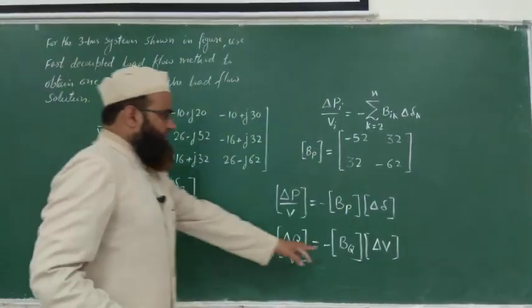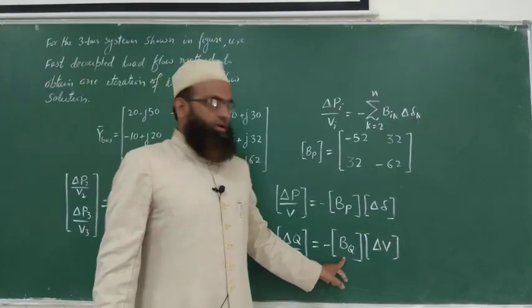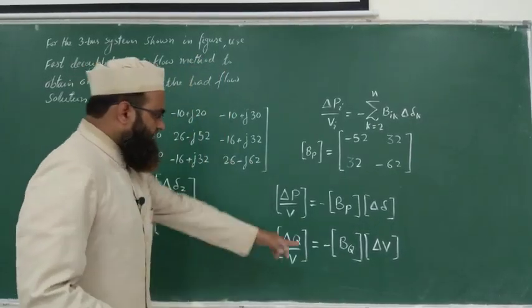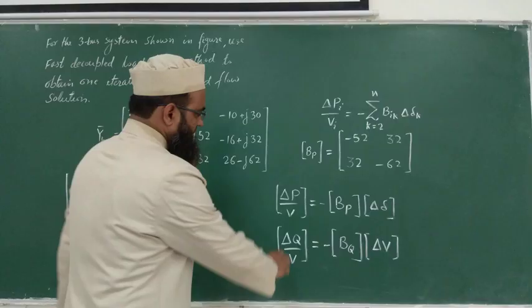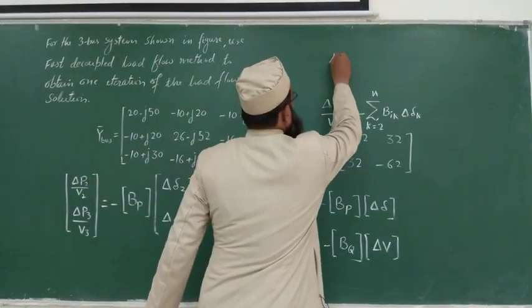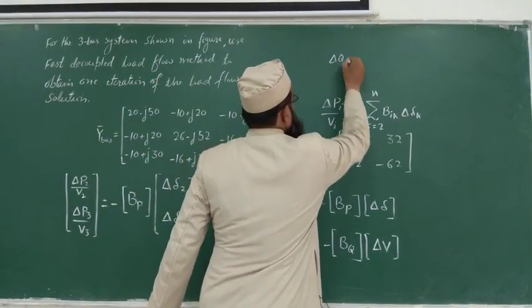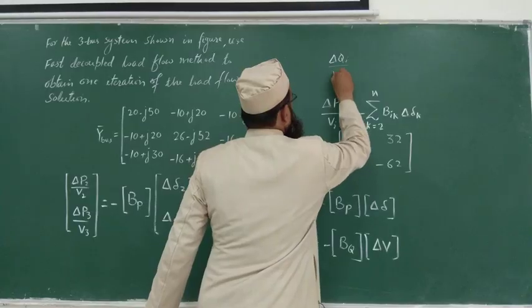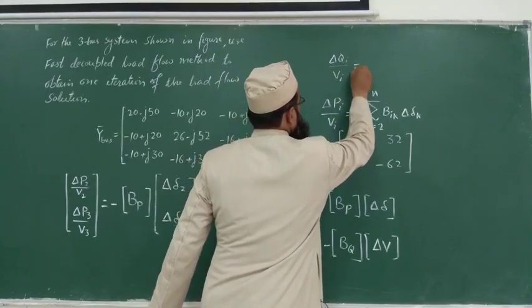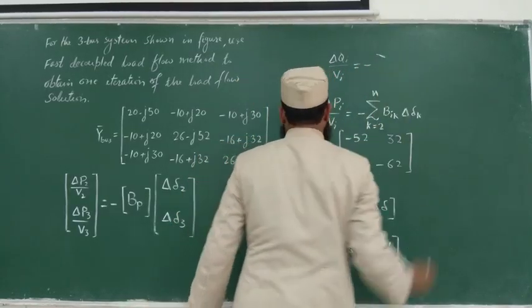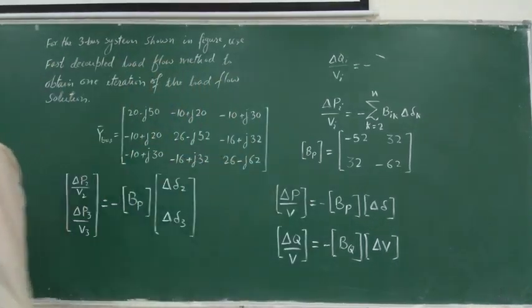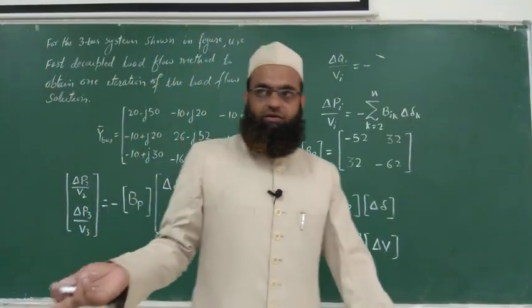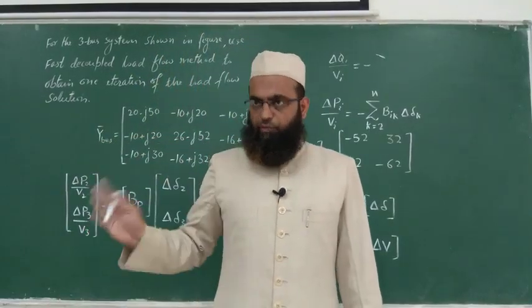What about this B''? So for B'', you may write for the ith bus del Q_i upon V_i as negative of, this time you are going to write Q for Q, and Q is a specified quantity for which bus? PQ bus only, not for PV bus.